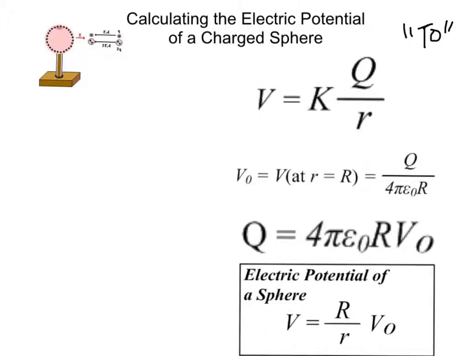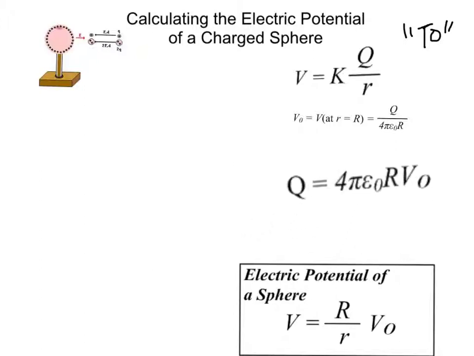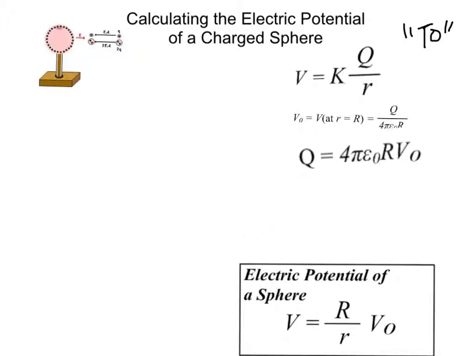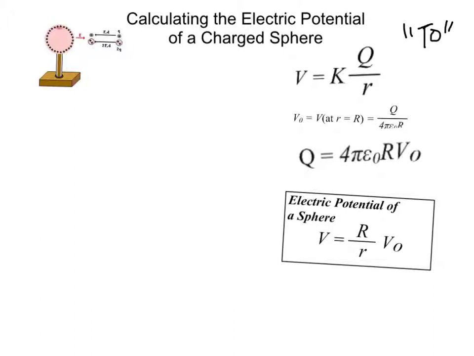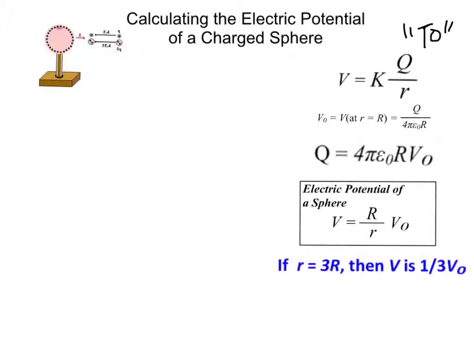So this equation tells us that the electric potential of a charged sphere is equal to the electric potential that we charge it to on the surface, and decreases inversely with the distance away from the sphere. So the electric potential at a distance 3 times the radius of the sphere is 1/3 that of the electric potential at its surface.